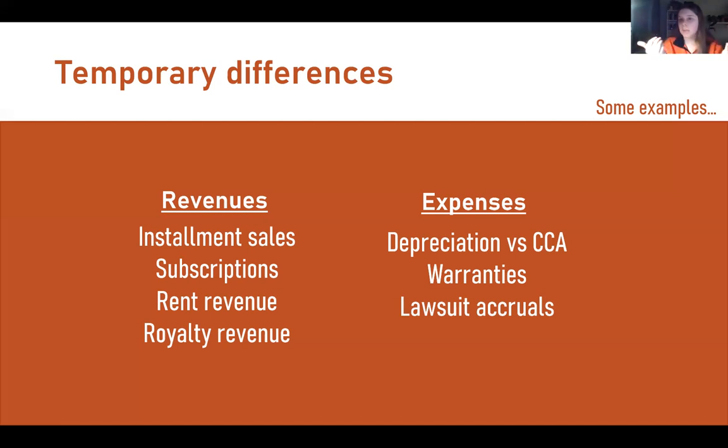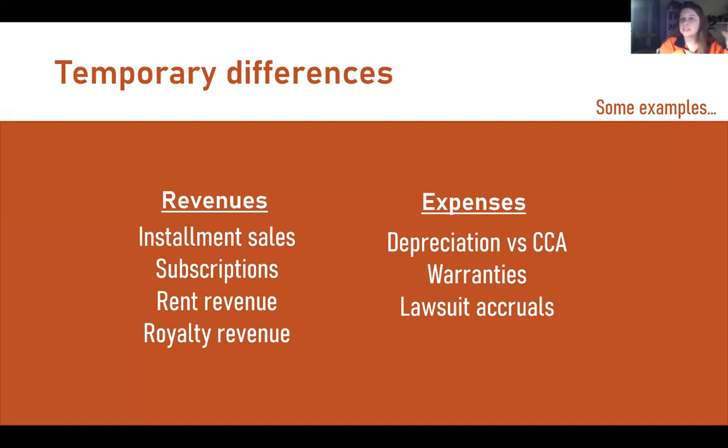But you don't actually pay any warranty. It's just an approximation of how much you think. Tax doesn't like that. You're not paying any cash. What they're going to want you to do is remove that approximation of warranties, and you're only going to deduct it in your taxable income when you're actually paying money to fulfill your warranties.